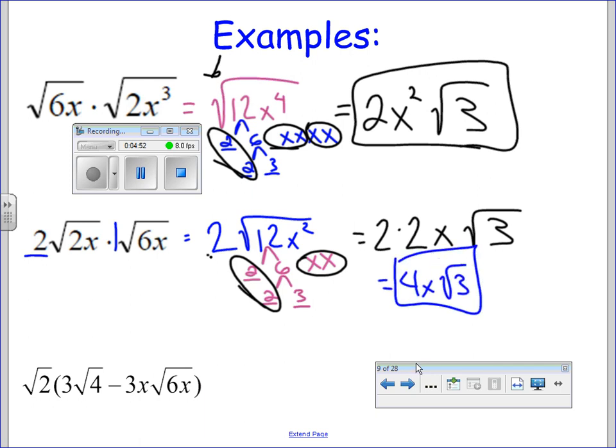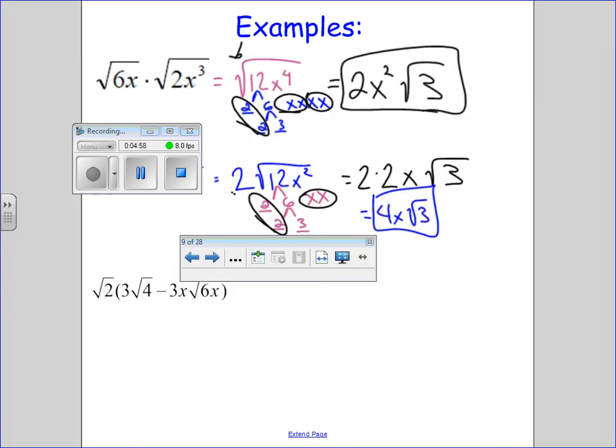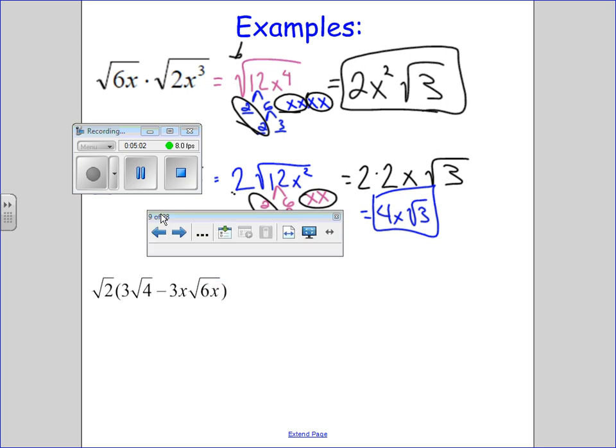My last one is slightly more difficult. So I have square root of 2 times 3 square root of 4 minus 3x square root of 6x. So what we can do is we can just distribute. So I'm going to multiply the square root of 2 times 3 square root of 4 and times 3x square root of 6x.